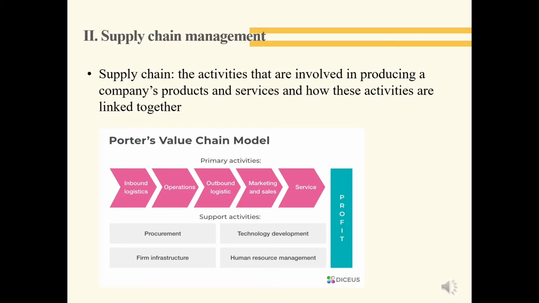As we know, primary activities include product design, sourcing of raw materials and components, manufacturing and assembly, distribution and logistics, marketing and sales, and also post-sales services. And that is all about the supply chain.